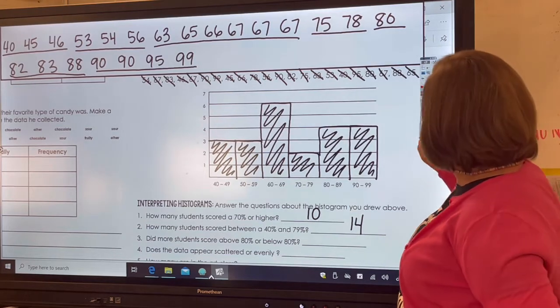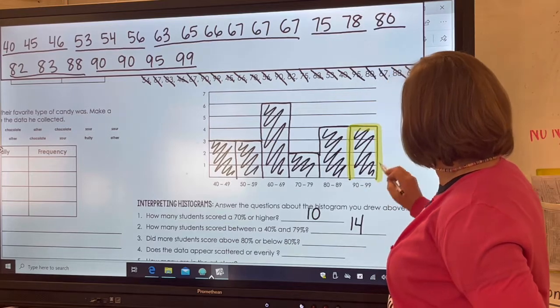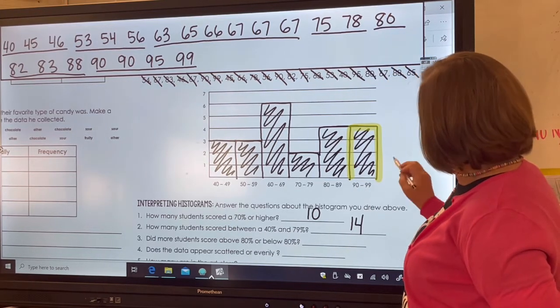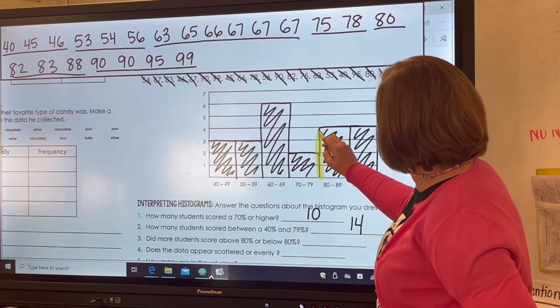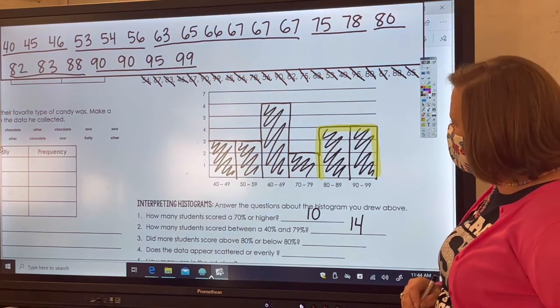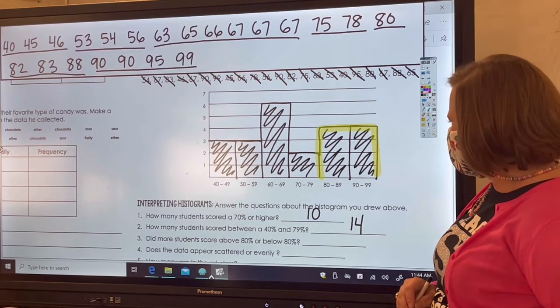All right, number 3 has 2 parts. How many people scored above 80? Oh, and I just did mine wrong. How many more students scored above 80 or below 80?